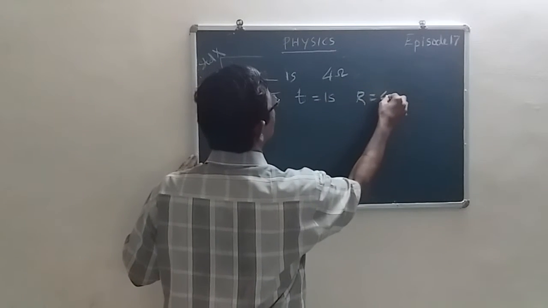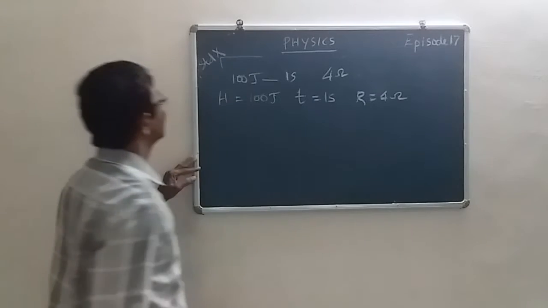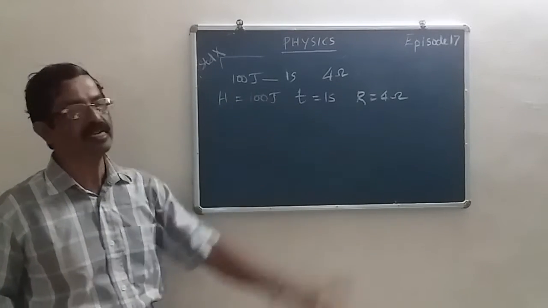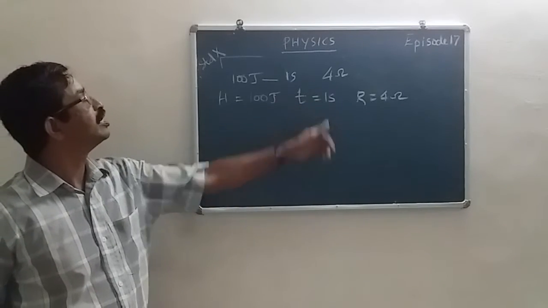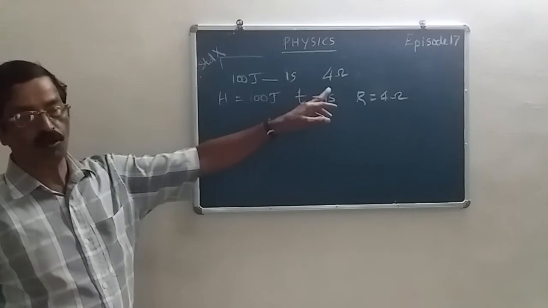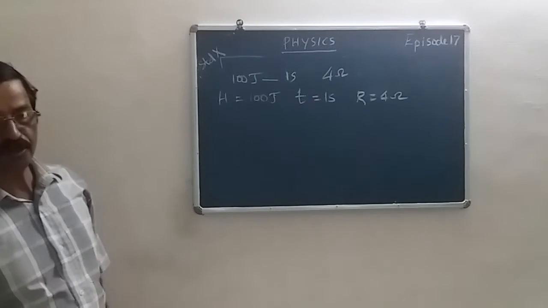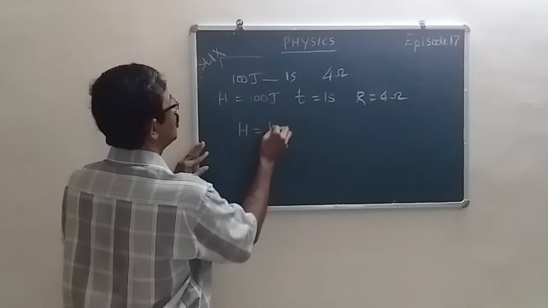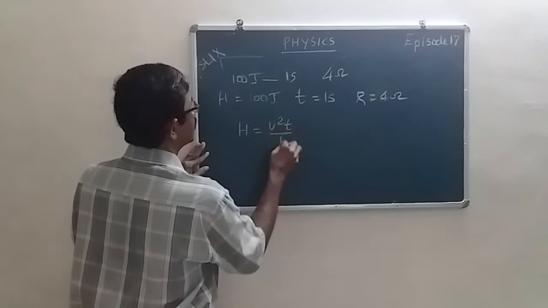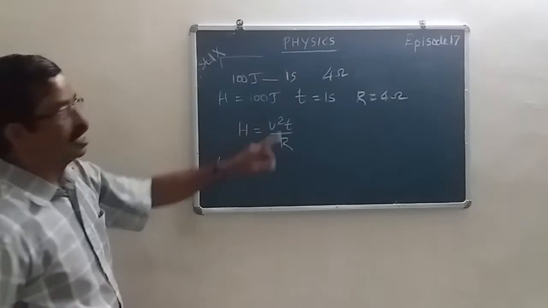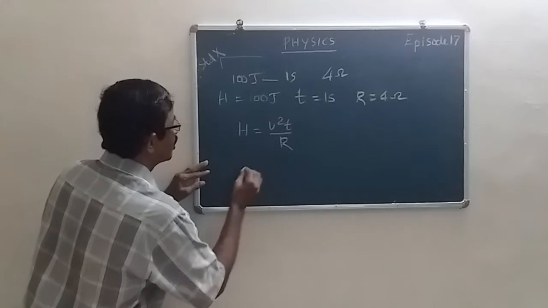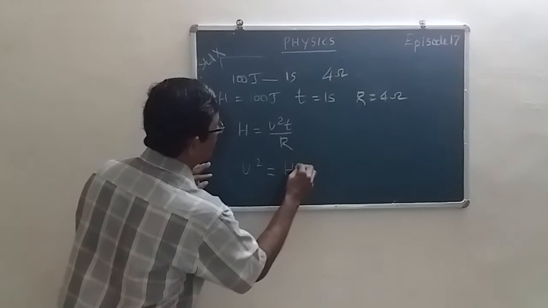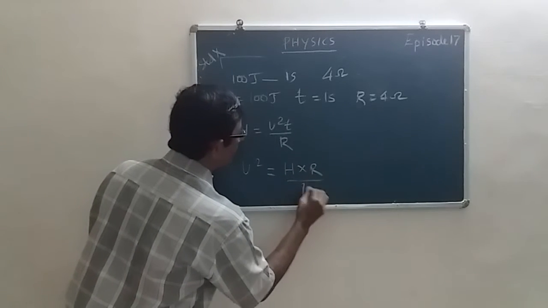R is equal to 4 ohm. We want to find out the potential difference. We know the relation H is equal to V square T by R. From this we got the relation V square is equal to H into R by T.